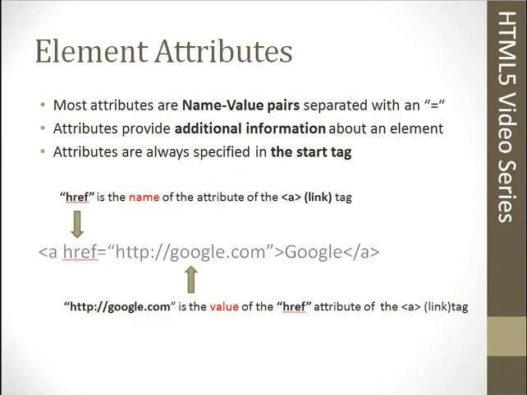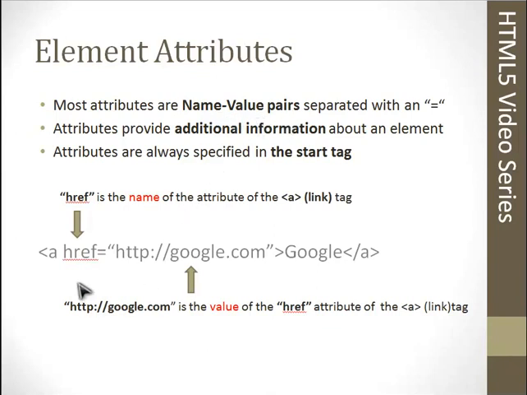So all tags have attributes, or can have attributes, and there's a number of different kinds of attributes. We could have the width or height as an attribute, the style, and as we have here, the href attribute, which is a URL. Most attributes, if not all, are in a name value pair separated with an equal sign.